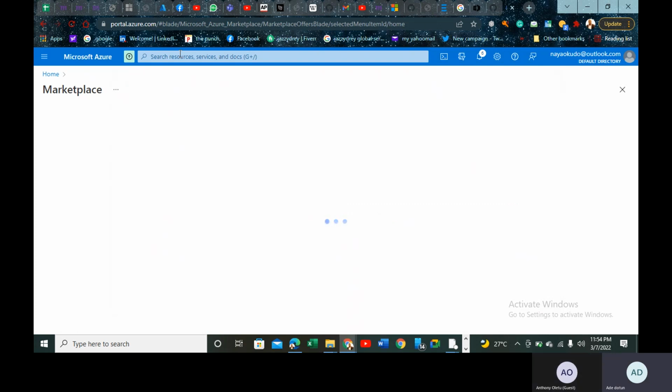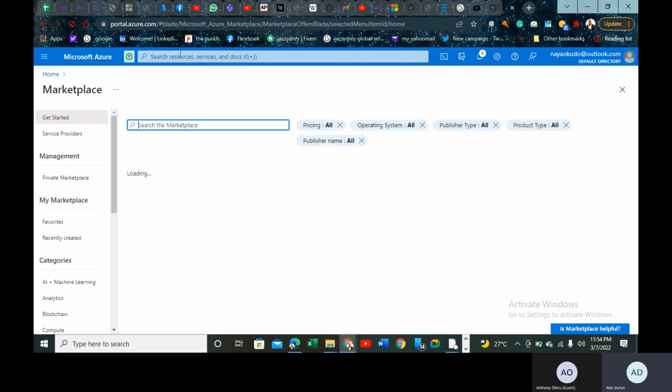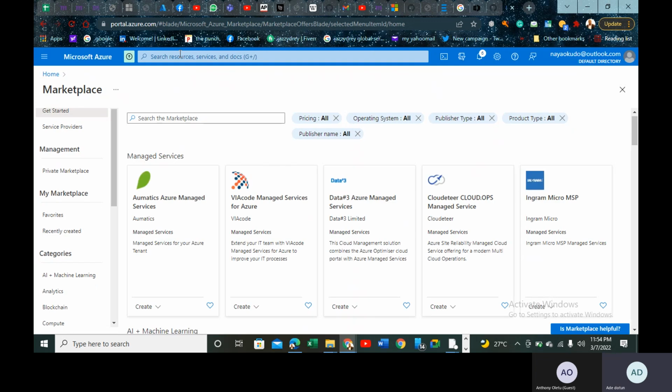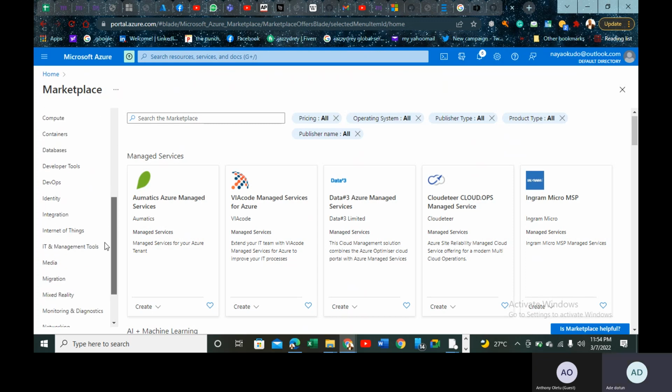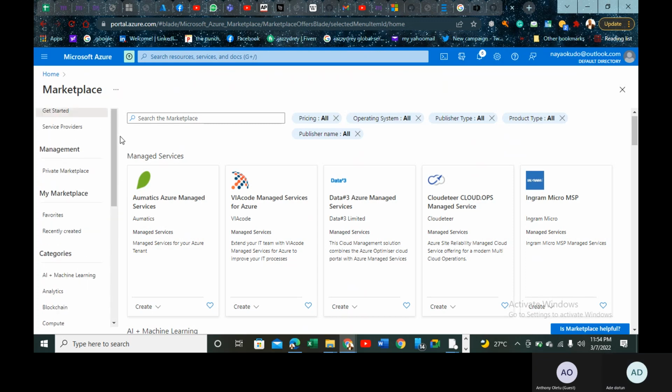So now just type and it will take you to the marketplace. I've explained this area to you before. This is your marketplace. There are third-party applications that Microsoft can trust, but they are not their own.